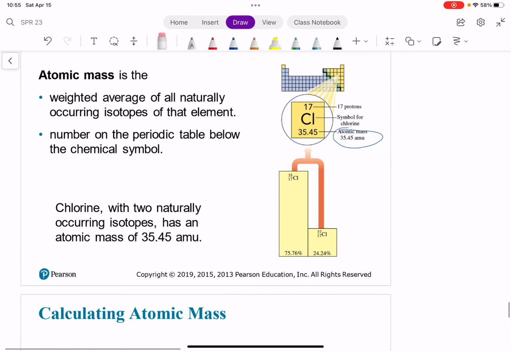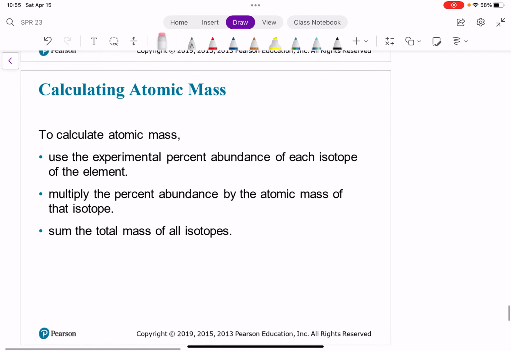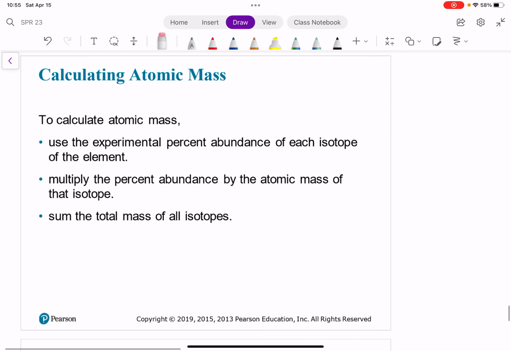You'll also sometimes hear it referred to as the average atomic mass. It's the same thing. To calculate the atomic mass, you use the experimental percent abundance of each isotope of the element, multiply that percent abundance by the atomic mass of that isotope, and then sum all of those masses.